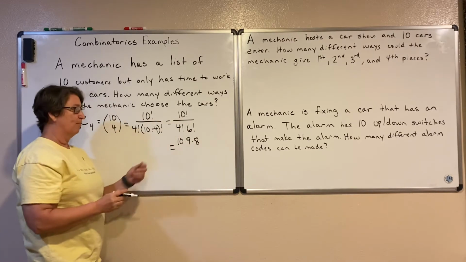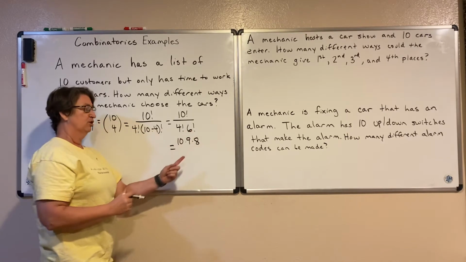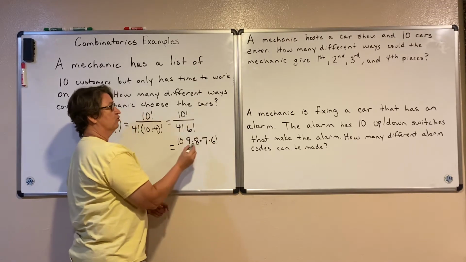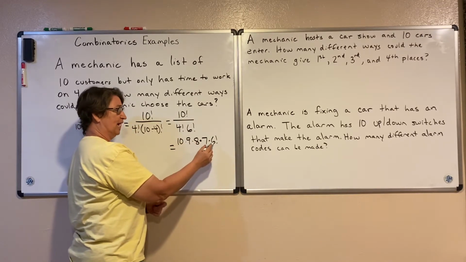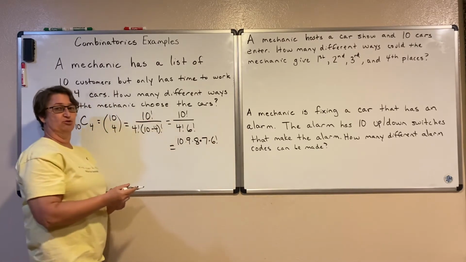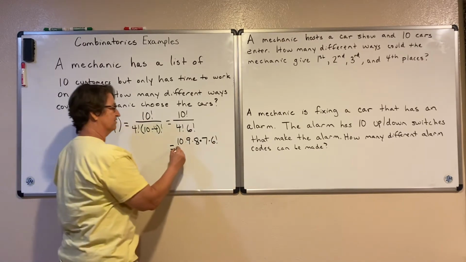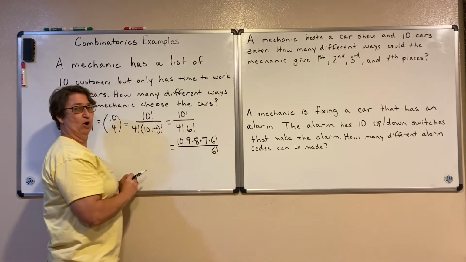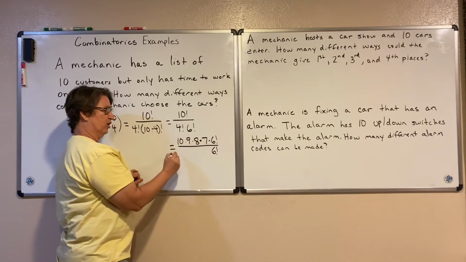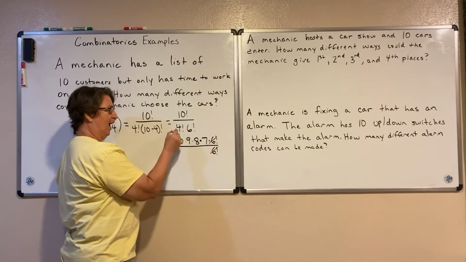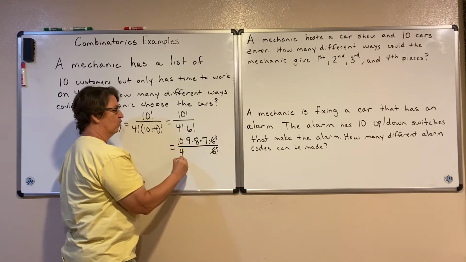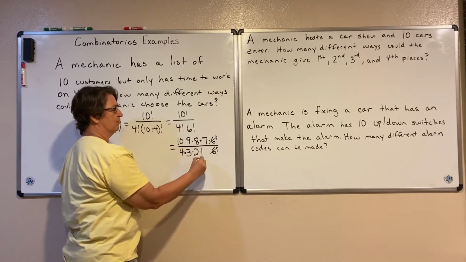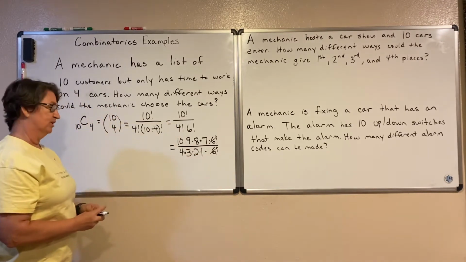Now I want to stop at the larger of these two numbers so that I can simplify and cancel those two out. So I'm going to stop at this 6 factorial. I could count it down, 6 times 5 times 4 times 3 times 2 times 1, or I can just stop it at that 6 factorial and know that this 6 factorial and that 6 factorial are going to become 1. This 4 factorial, though, is not going to cancel out, so I need to multiply it so that it's 4 times 3 times 2 times 1. Make sure to count that one down.